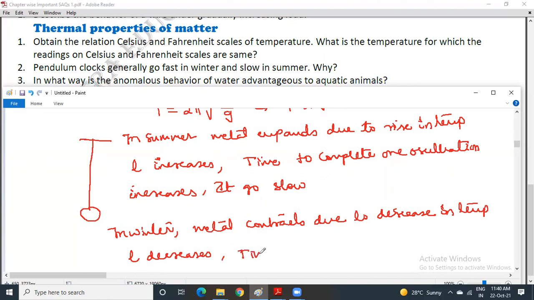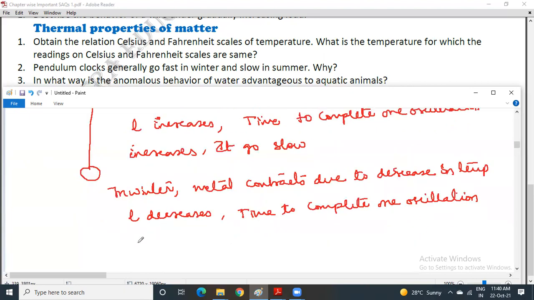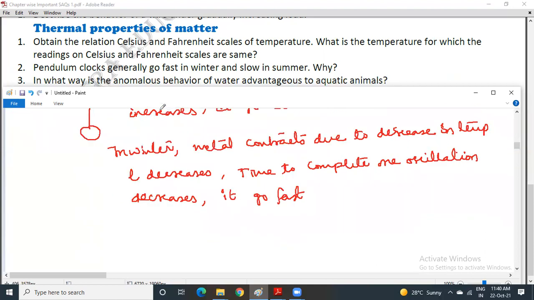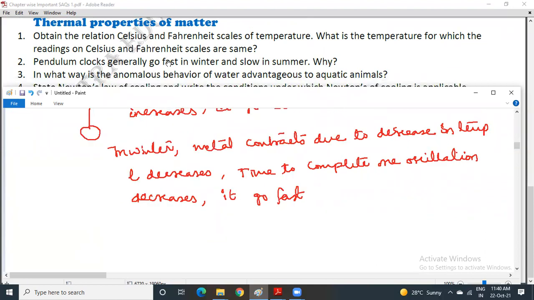So time to complete one oscillation decreases. So it goes fast. This is enough to write. Next, moving to the next question.